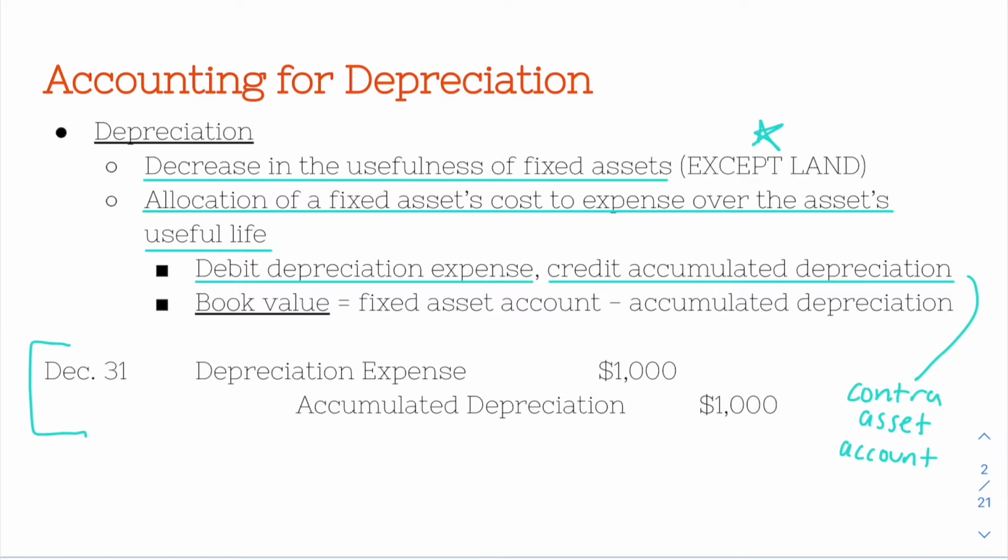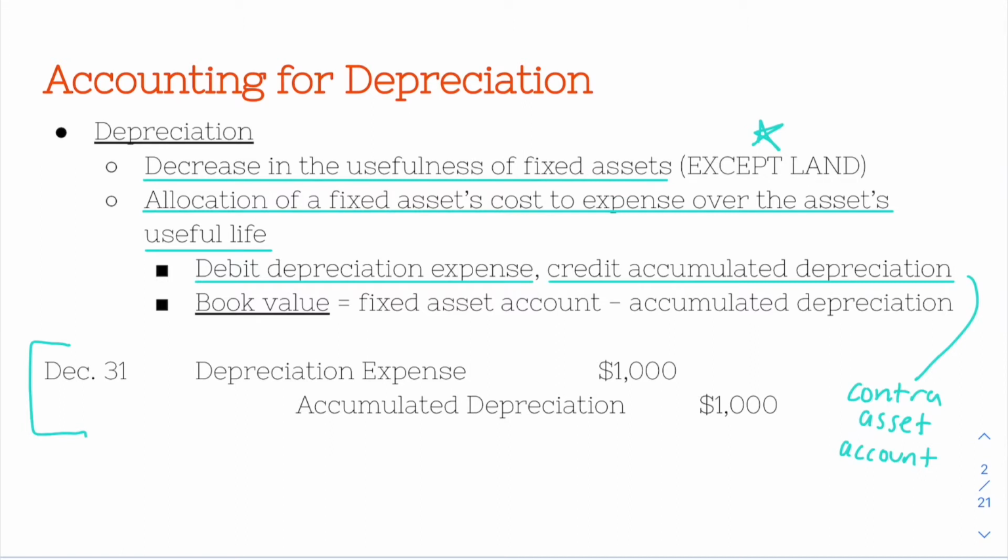Contra accounts have the opposite signs as their related accounts. An asset is normally debited to increase and credited to decrease. So accumulated depreciation is going to be debited to decrease and credited to increase. That's why we're debiting depreciation expense to increase that, and we're crediting accumulated depreciation to increase that.